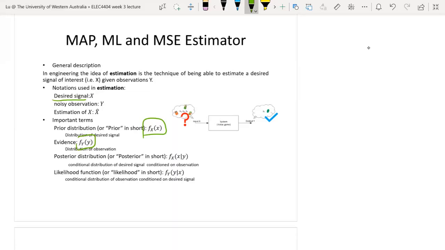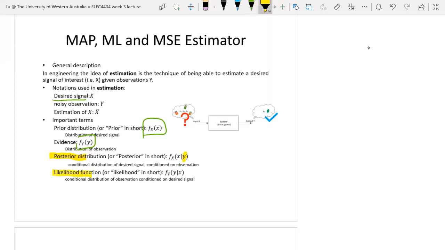Next, maybe new to you, posterior distribution. That is actually the conditional PMF or conditional PDF, depending on whether the random variable is discrete or continuous. The posterior means you always know the observation, or condition, of this distribution, and you want to know the distribution of x. Finally, the likelihood function.